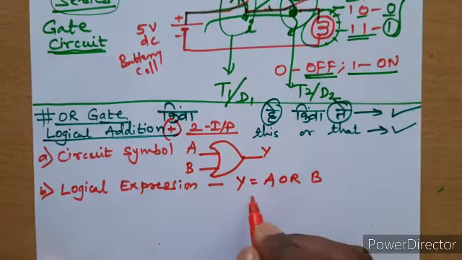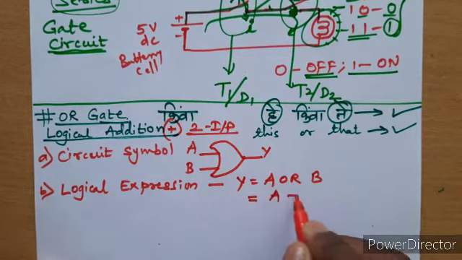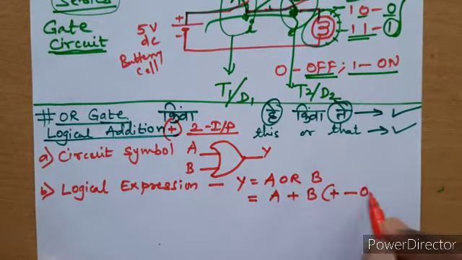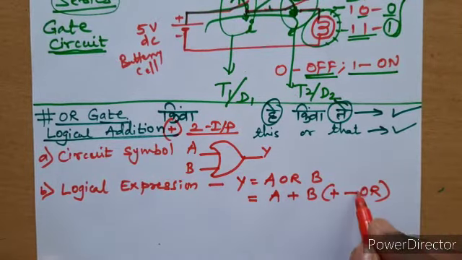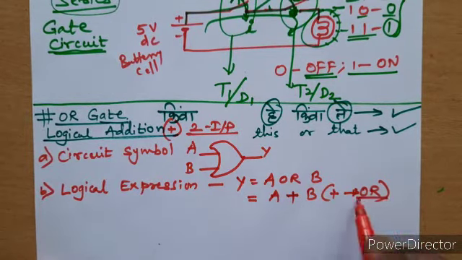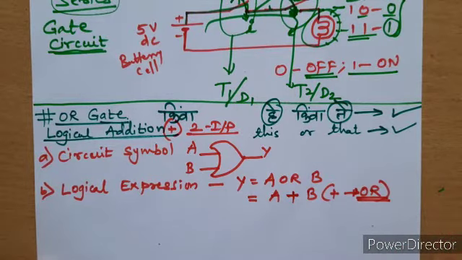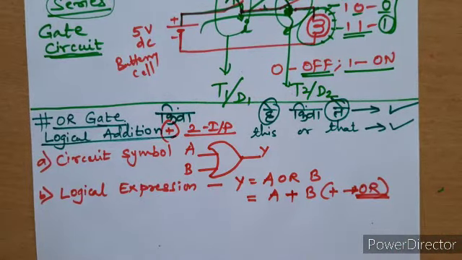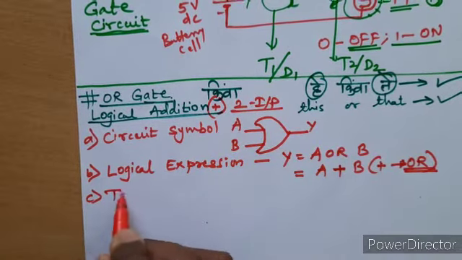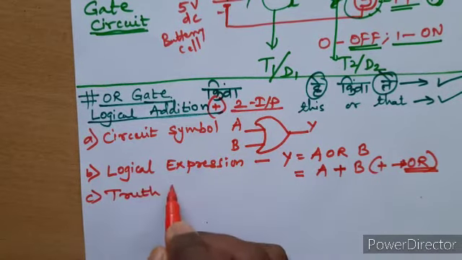So in the logical expression, I can write A plus B, where this plus indicates that it is an OR gate. It is not binary addition, it is logical addition here, which represents the operation of the OR gate. Again, the third part is the truth table.